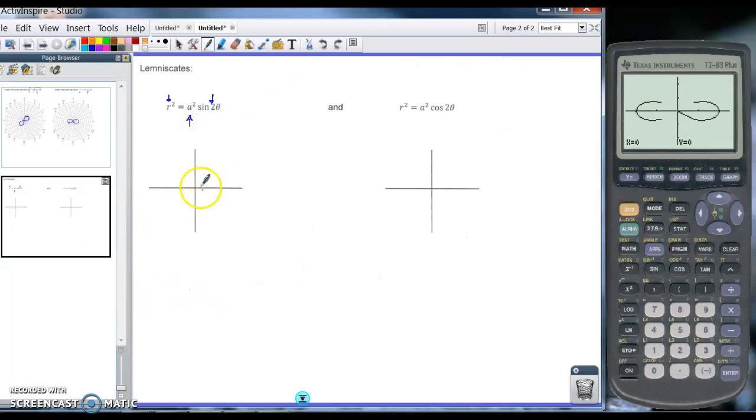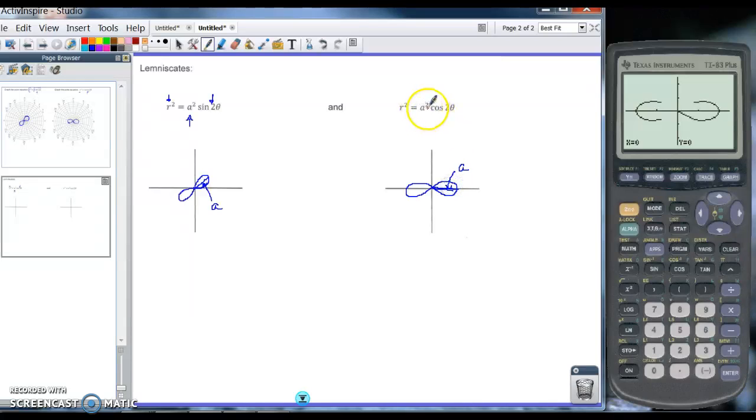So when it's sine, it's going to have this shape, and this distance right there, that's your a value. Okay, and when it has cosine in it, it's going to be about that polar axis, and this distance right here is going to be your a value.